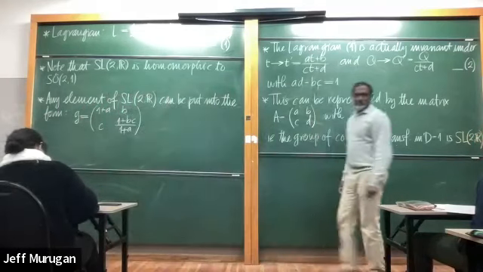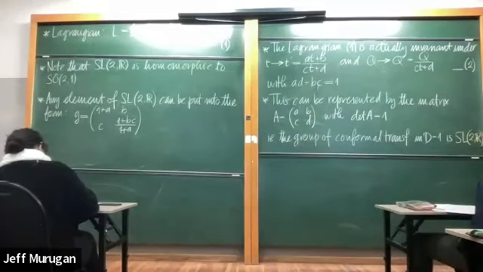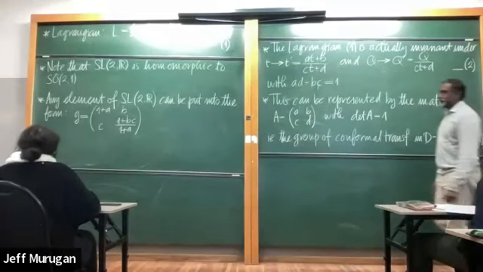Okay, and you can see that the determinant of G by construction is 1.